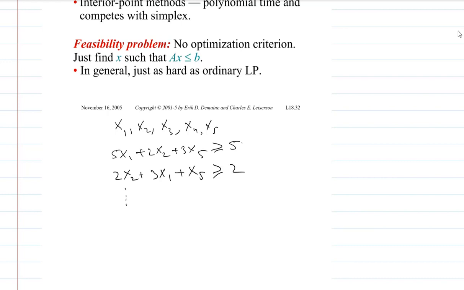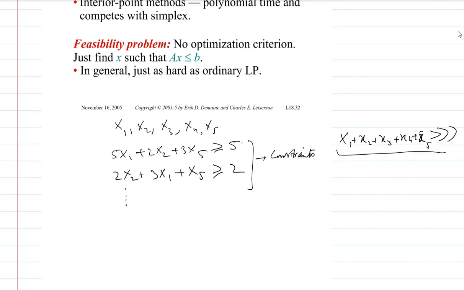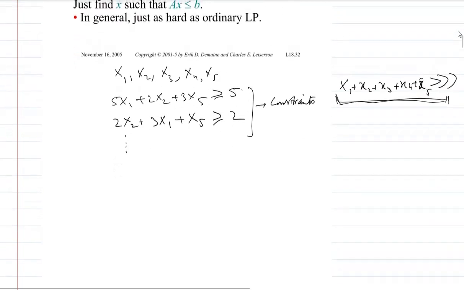So we can have many different constraints. And at the same time, let's say our objective function is that x1 plus x2 plus x3 plus x4 plus x5 should be maximum. In this case, there is no fixed optimal value; rather, we are trying to maximize it as much as possible while satisfying all the mentioned constraints. So this is linear programming.